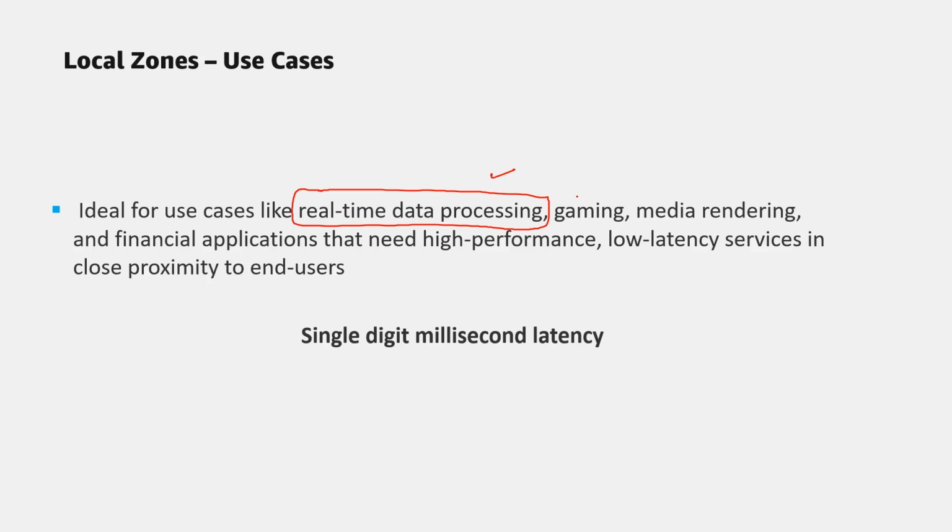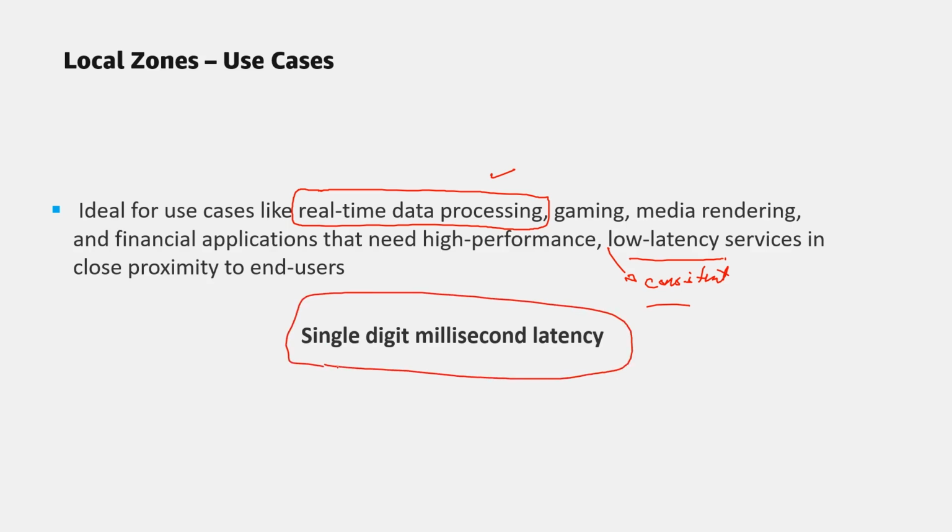So we deploy these applications in local zones close to some data center or close to our users so that we can get a consistent low latency. There is a word consistent over here. Okay? Consistent single-digit millisecond latency so that we can achieve the minimum requirement of that application in terms of latency.